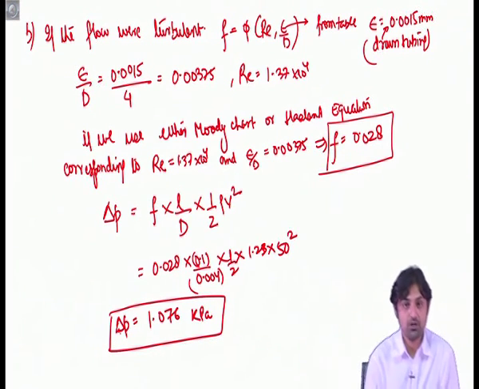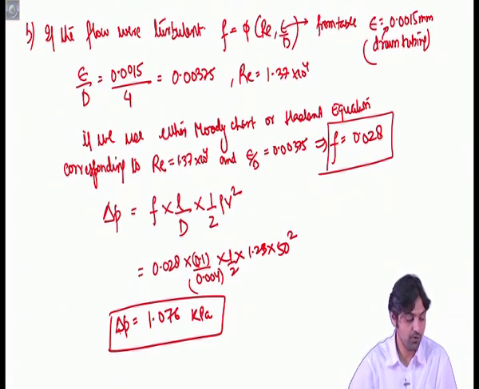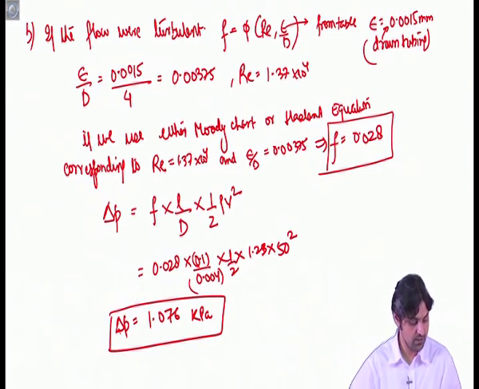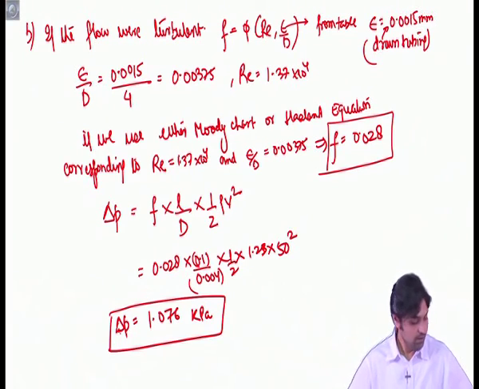So the pressure drop, as you see, is much more when the flow is turbulent. In the first case, it was only 0.179 kilopascal.